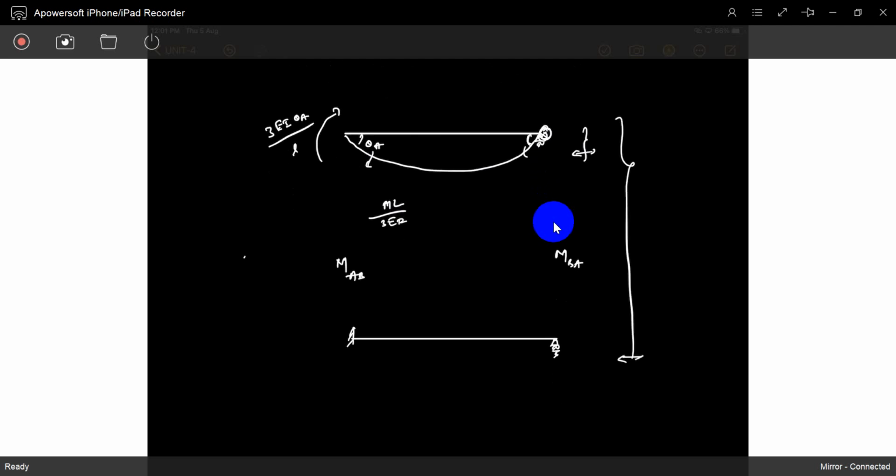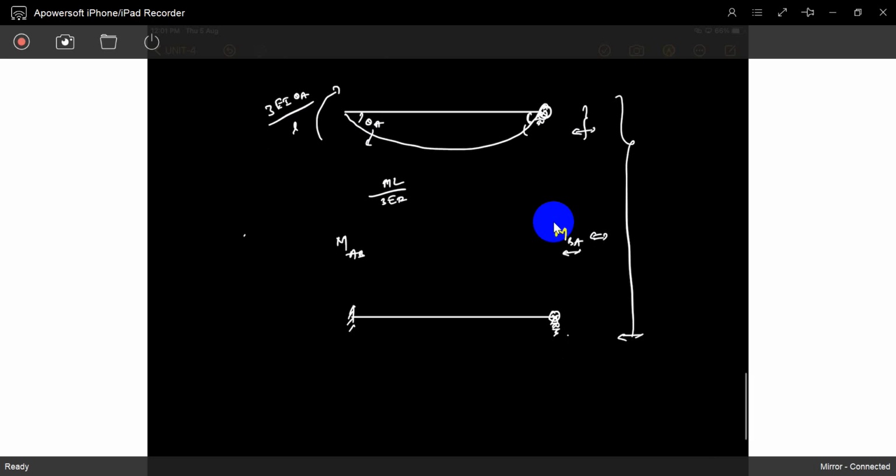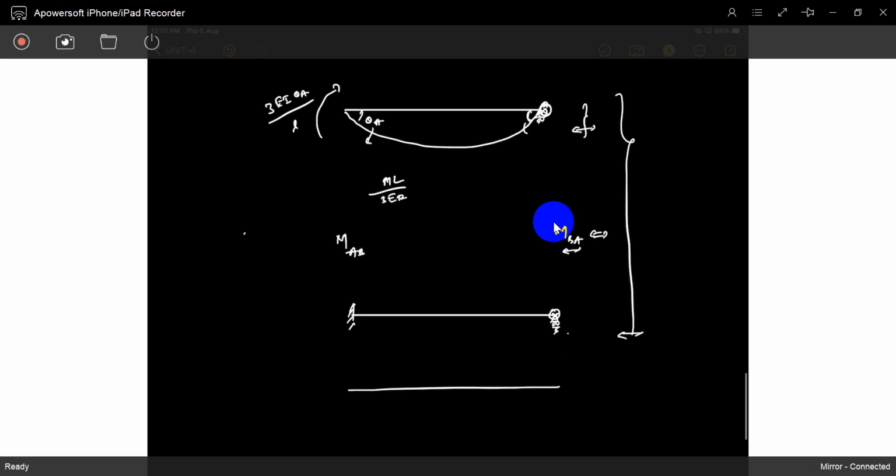If it is a hinged support, the final moment at this location is 0. We just consider the fixed end moment MBA. Understood? MBA. One thing you have to see first.